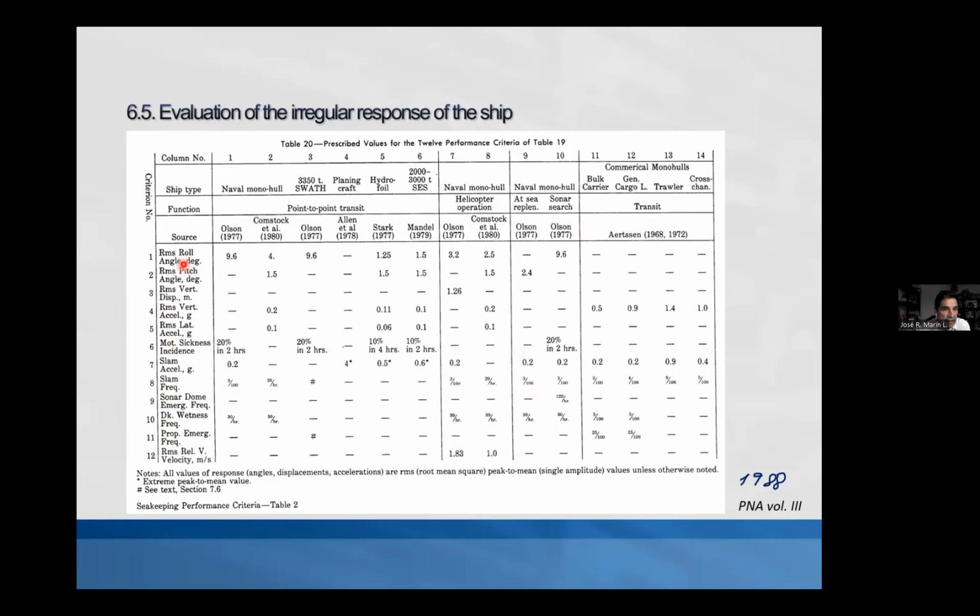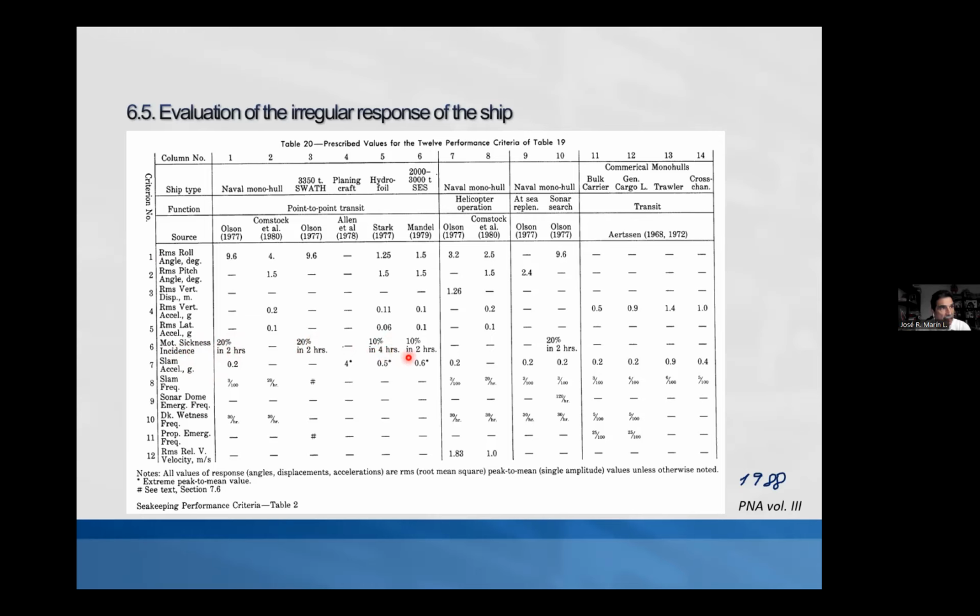Here, you see that mostly we have the RMS value of something. The RMS value of the roll angle, in degrees. The RMS value of the pitch angle in degrees, etc. There, we have the motion sickness incidence. This parameter is 20% in 2 hours, 10% in 4 hours.